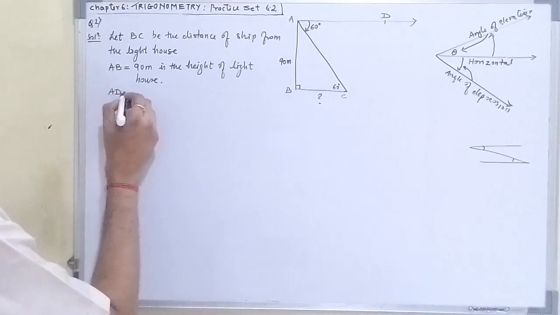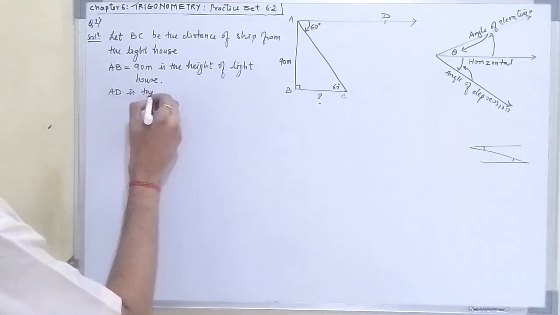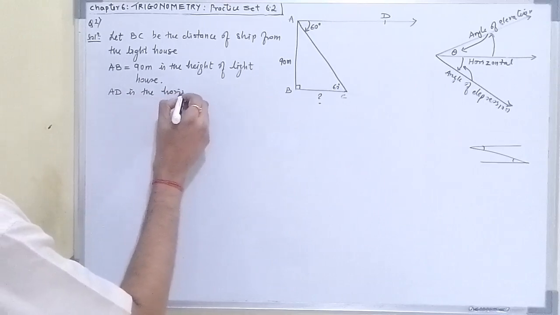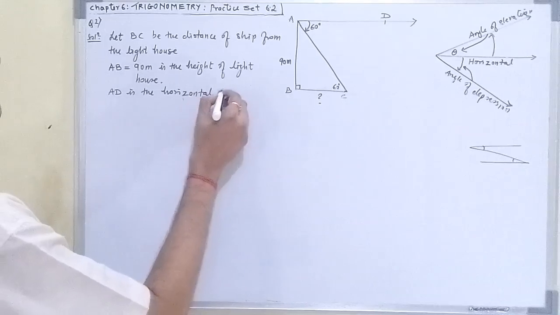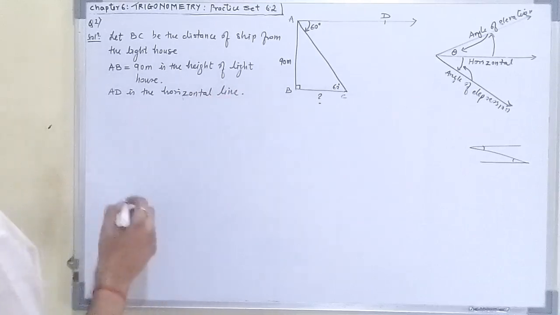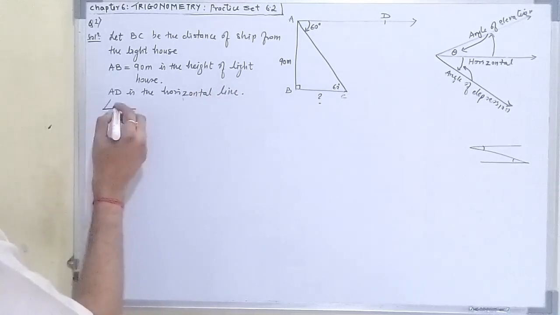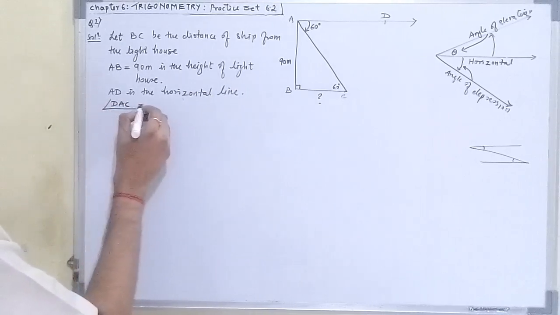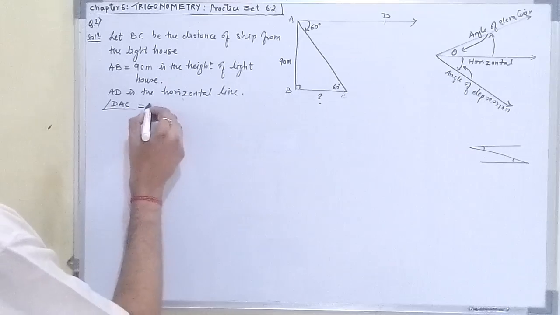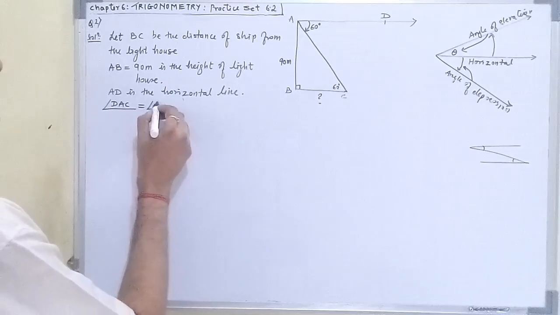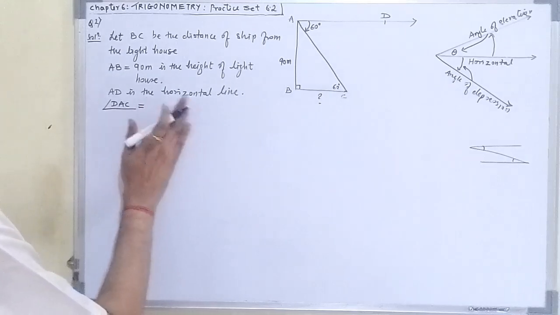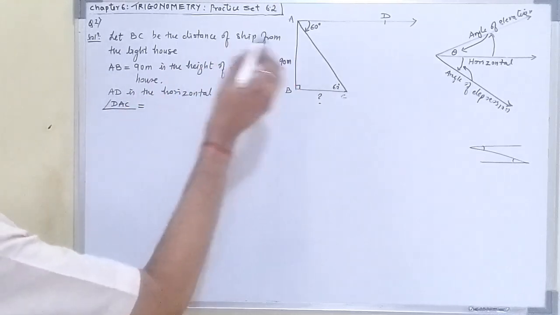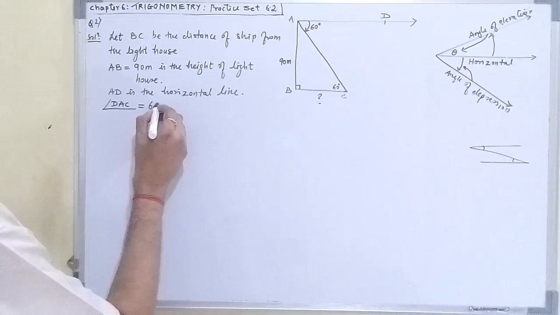AD is the horizontal line. Angle BAC equal to 60 degrees.